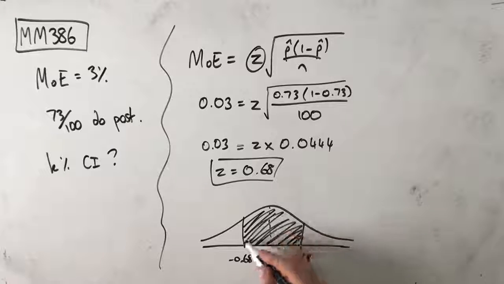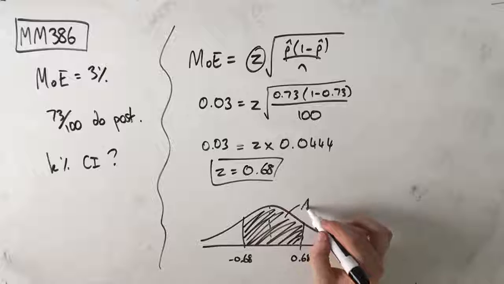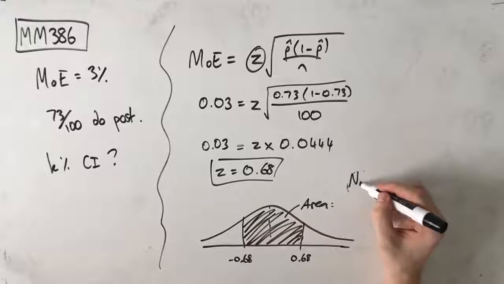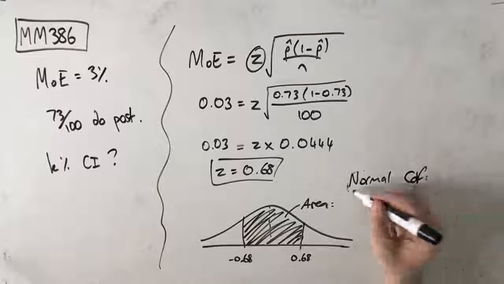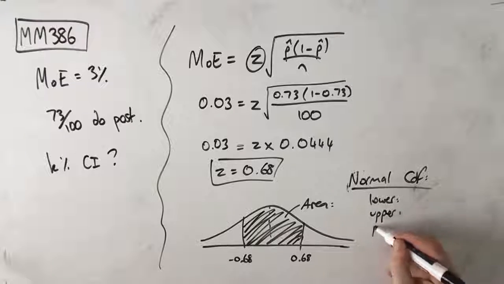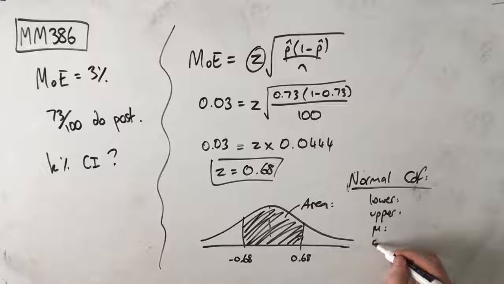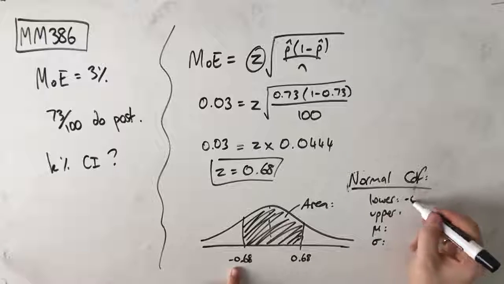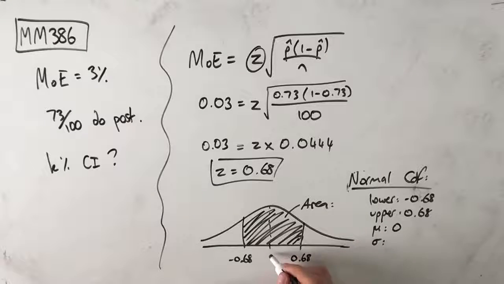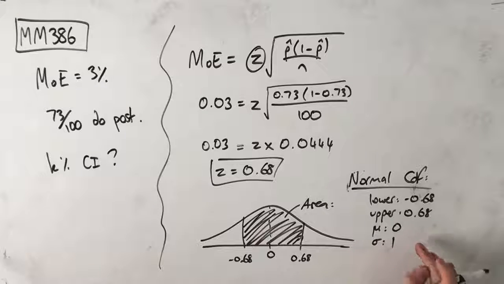So to figure out the percentage or the area, we go into our calculator, into normal CDF, and it's going to ask us for the lower, upper, and then the mean and standard deviation. Okay, so our lower is negative 0.68, our upper is 0.68, our mean is 0, and our standard deviation is 1. So we always have to use our standard normal distribution, which is mean of 0, standard deviation of 1, in order to find the confidence level.